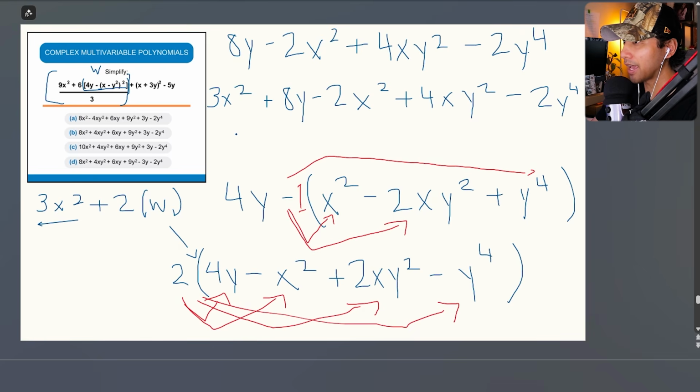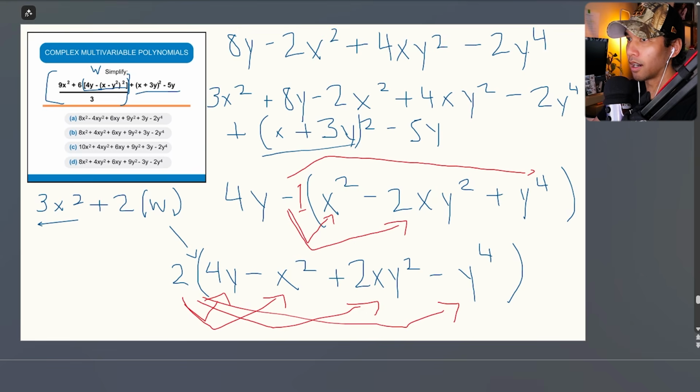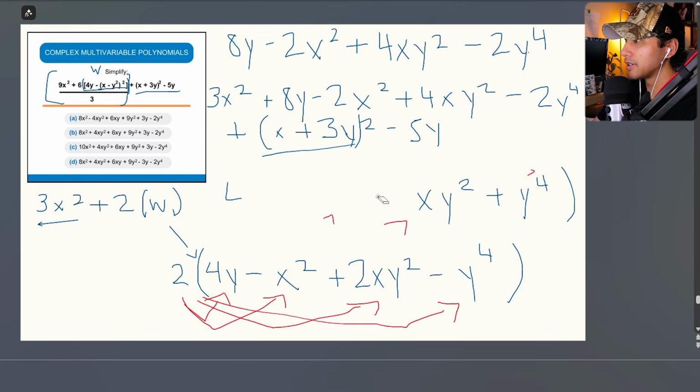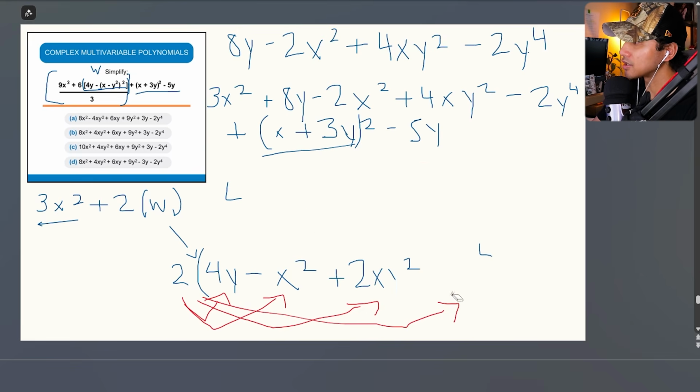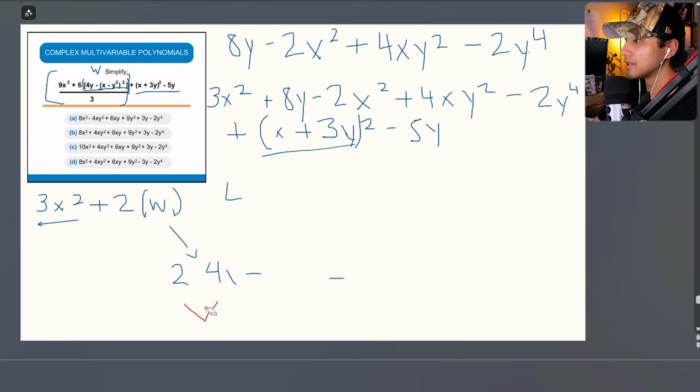And then I'm going to add this right here, plus x plus 3y squared. Oh, oops. It's like this. Minus 5y, because we're going to square the binomial again. All right. So we have like 2/3 of the problem complete.